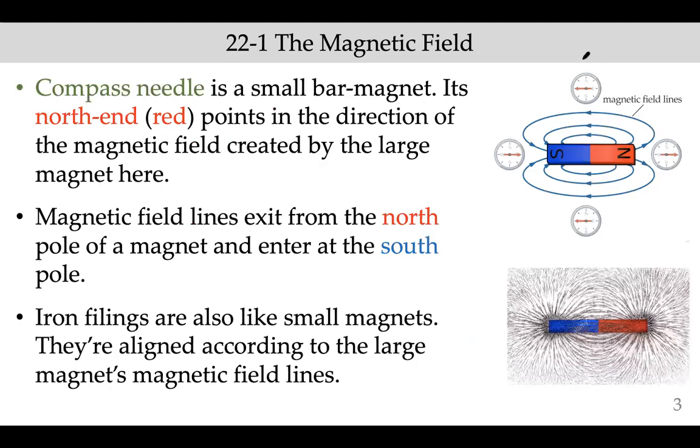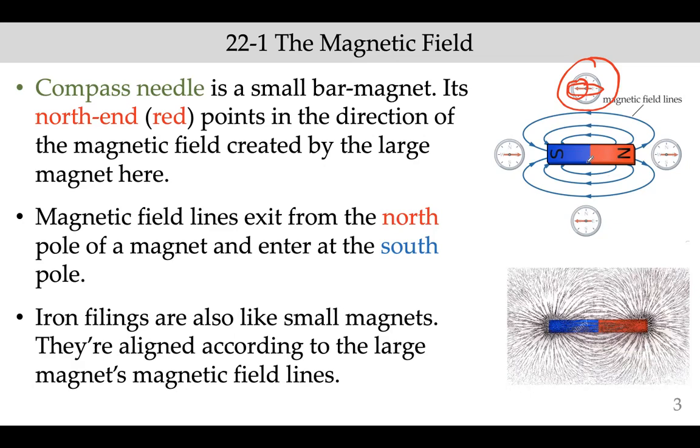Compass needles are shown here, and again, I'm sure you played with compass needles at some point in your life. A compass needle is a small bar magnet. Its north end, which is shown in red, points in the direction of the magnetic field created by the large magnet here.